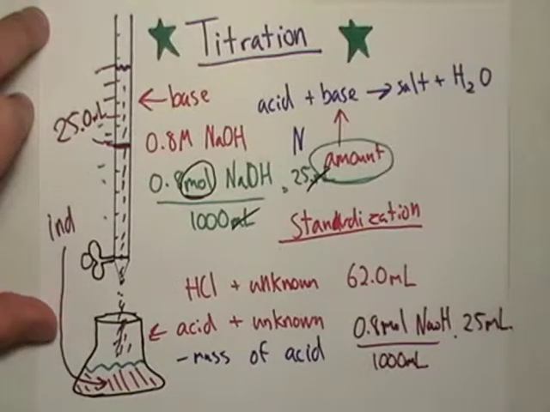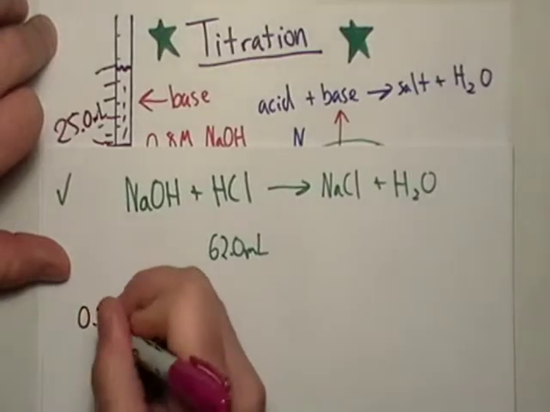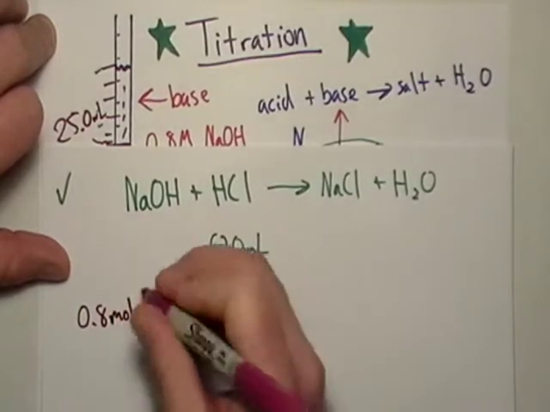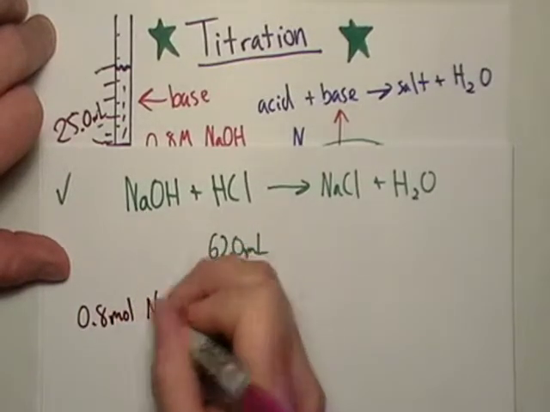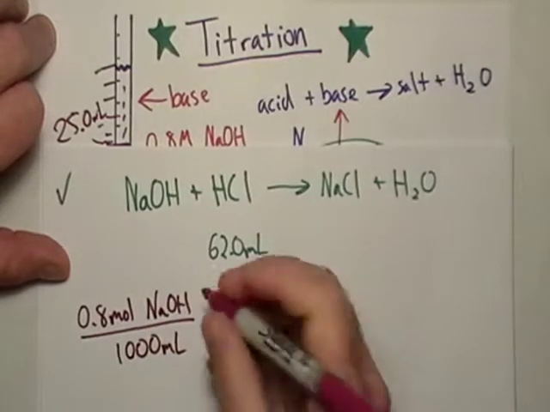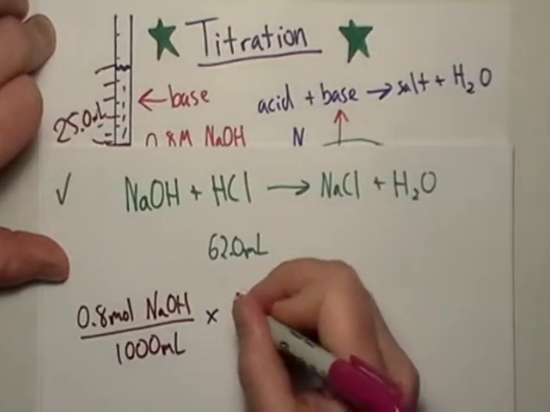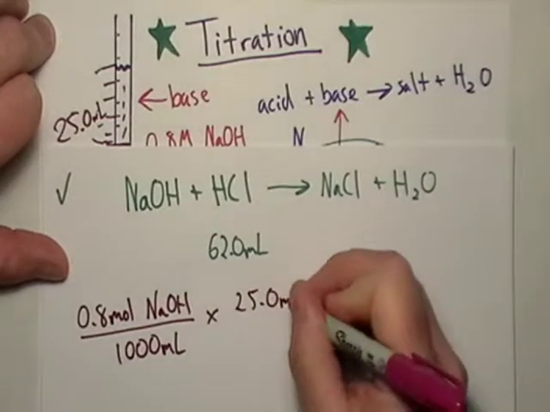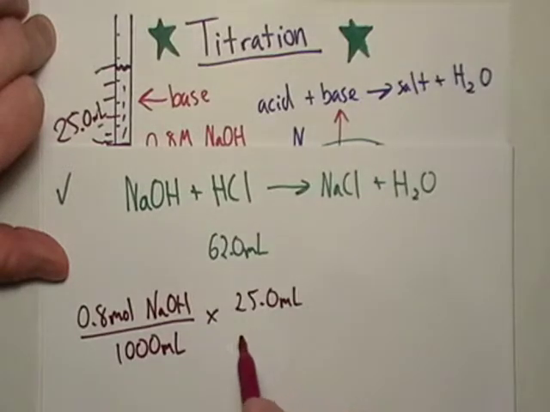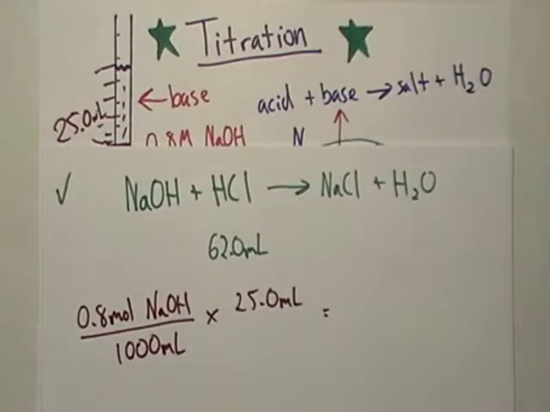So let's look at what we did here. We had 0.08 moles of sodium hydroxide per every liter, which is 1,000 milliliters. We started doing our titration, and once we added a volume of 25 milliliters, we noticed that the solution became a little bit basic.